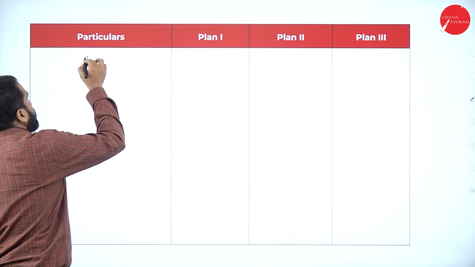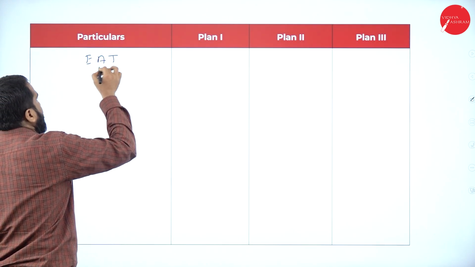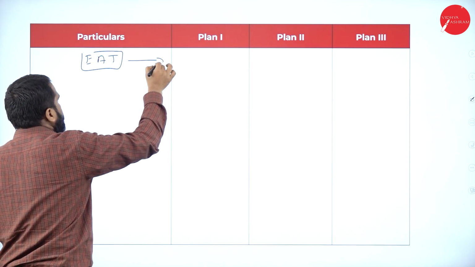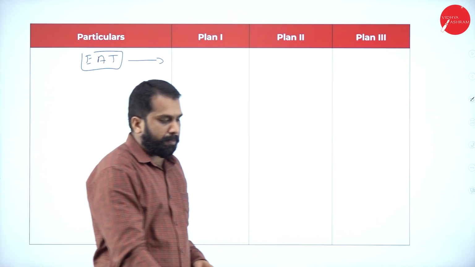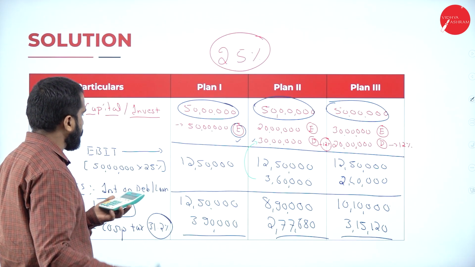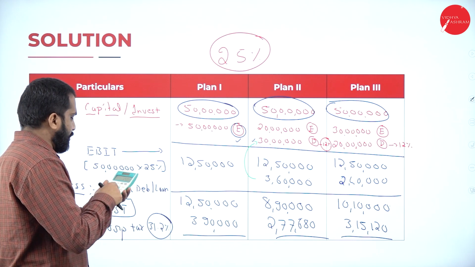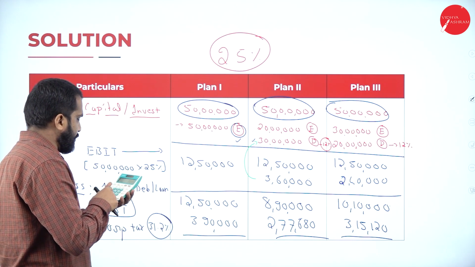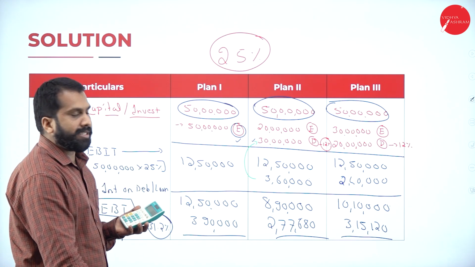Earning after tax before dividend. How much you will get? You're supposed to minus. 12,50,000 minus 3,90,000. This is 8,60,000.